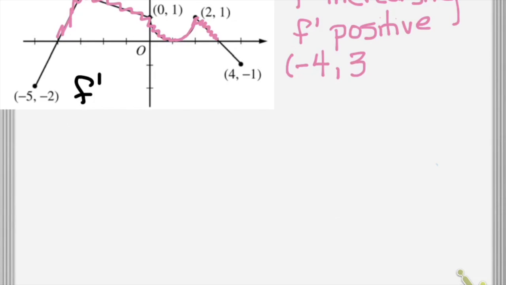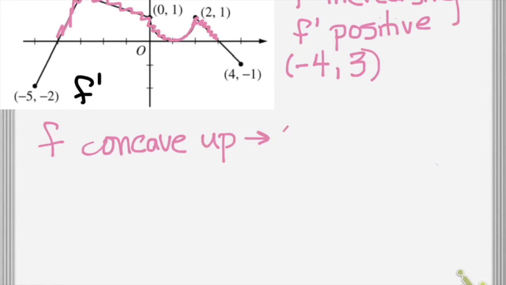3. Now, what if you're also asked for where f is concave up? f is concave up when f prime is increasing, so when f prime has a positive slope.